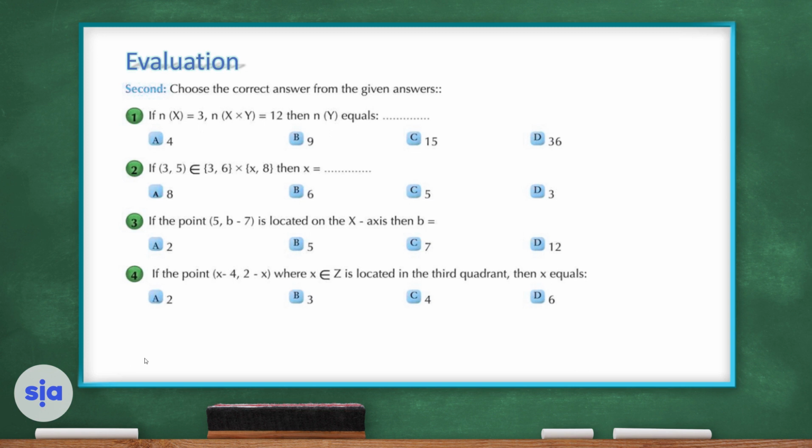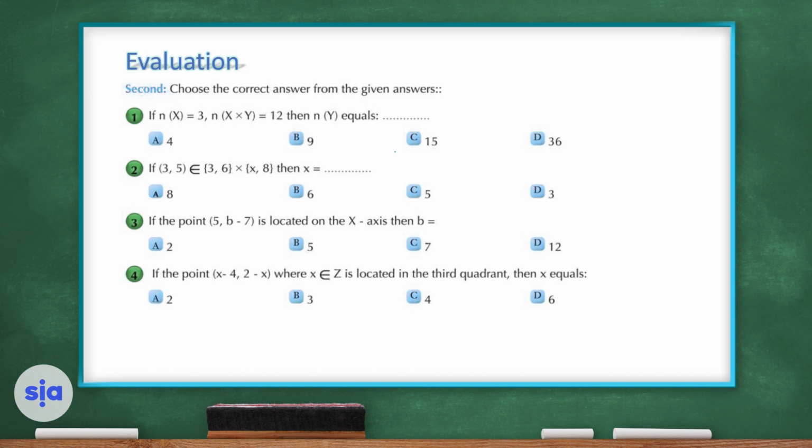It means the number of elements in set X. If you have a small n before a bracket that has the name of the set, this means that it's representing the number of elements in this set. So the number of elements in set X is 3, and the number of elements in the product between X and Y is 12. So what is the number of elements in set Y?